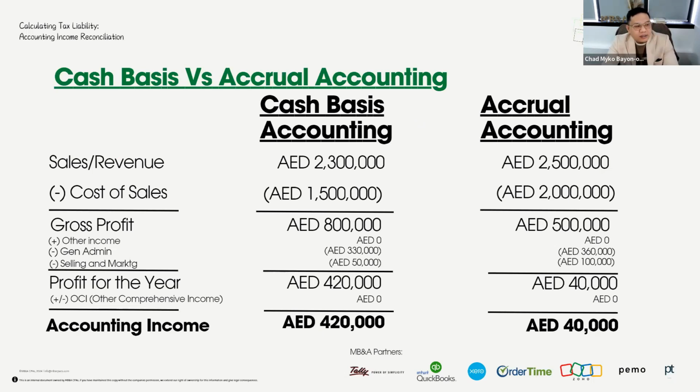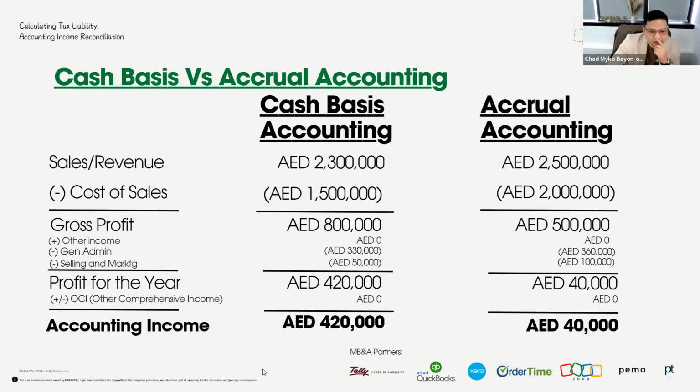Again, is it true or false? Exceptional circumstances where cash basis accounting is permitted if they exceed the 3 million threshold for only one tax period. Is it true or false?